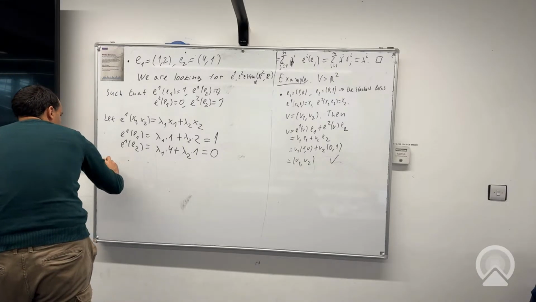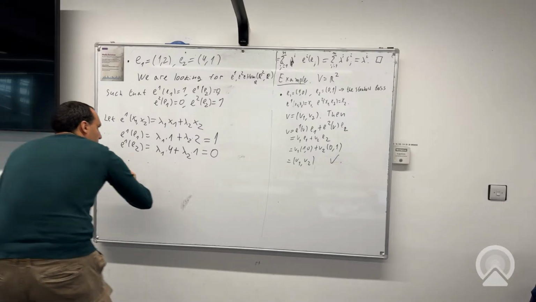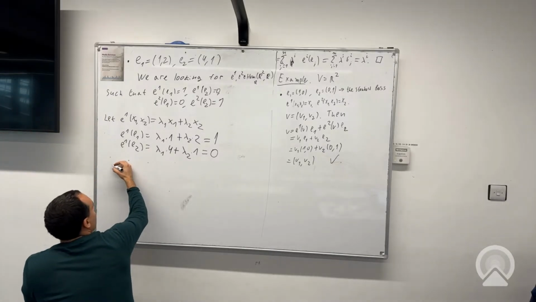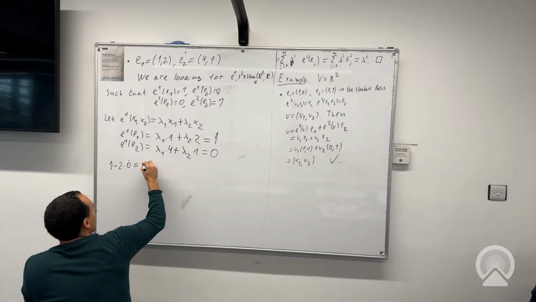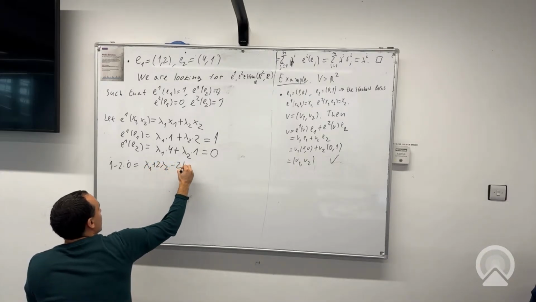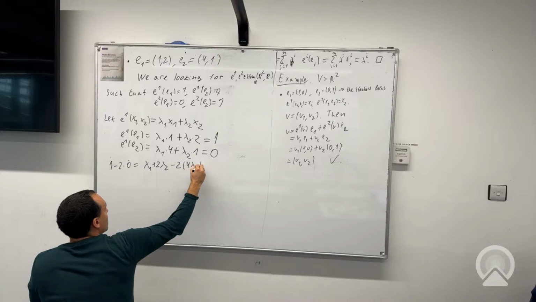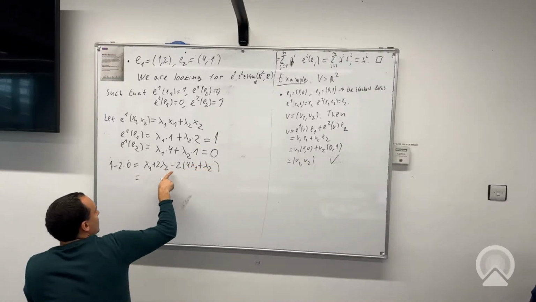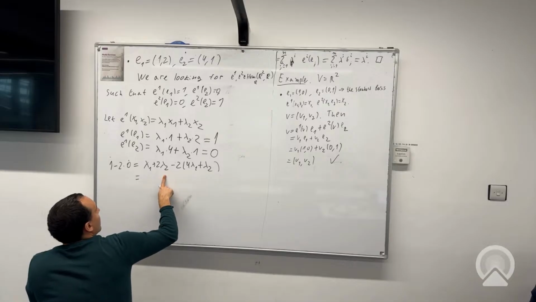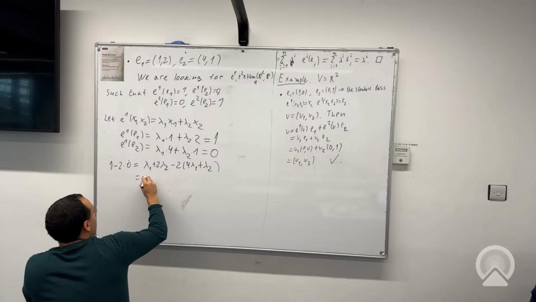So 1 minus 2 times 0 equals lambda 1 plus 2 lambda 2 minus 2 times (4 lambda 1 plus lambda 2). And this is minus 7 times lambda 1.